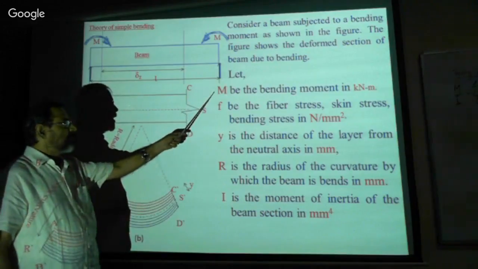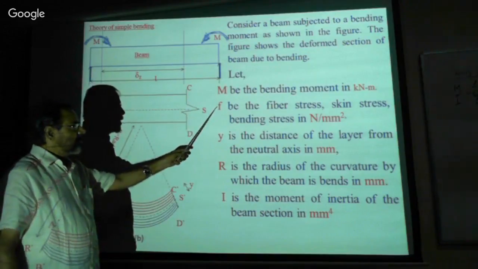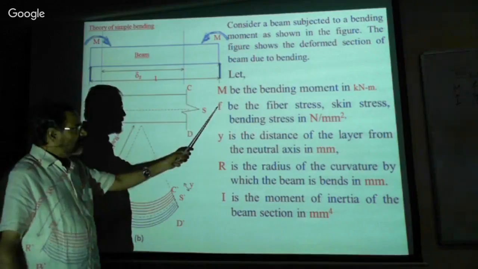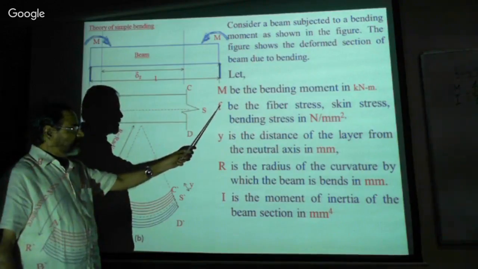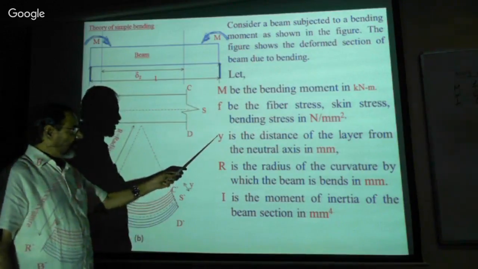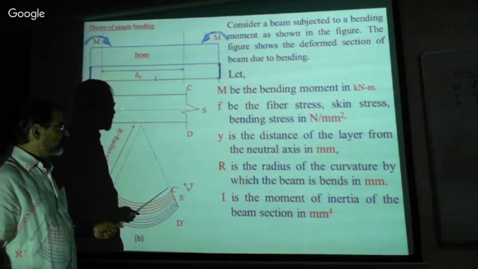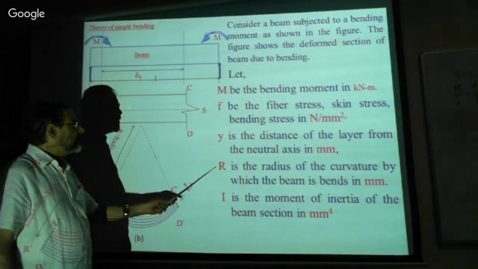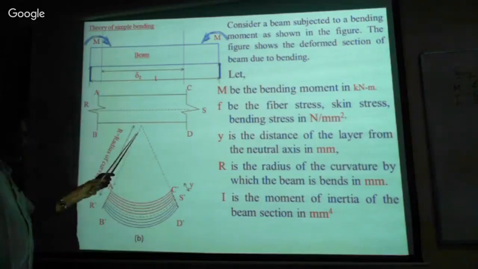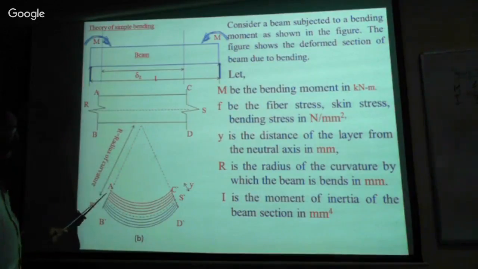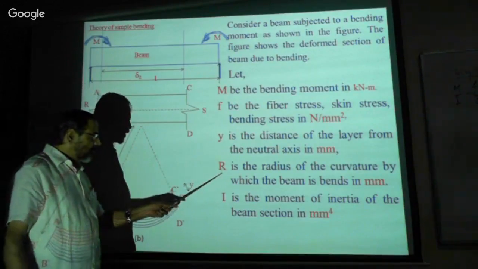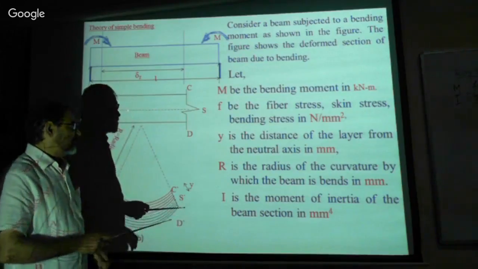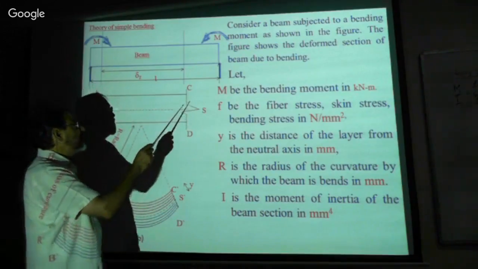That is, M is the bending moment, F is the fiber stress or skin stress, somebody will write this as F suffix B, Y is the distance from the neutral axis, and R is the radius of curvature to which the beam bends. I is the moment of inertia of the section.